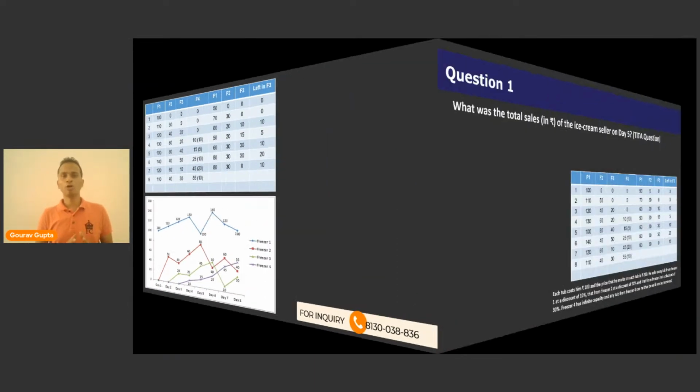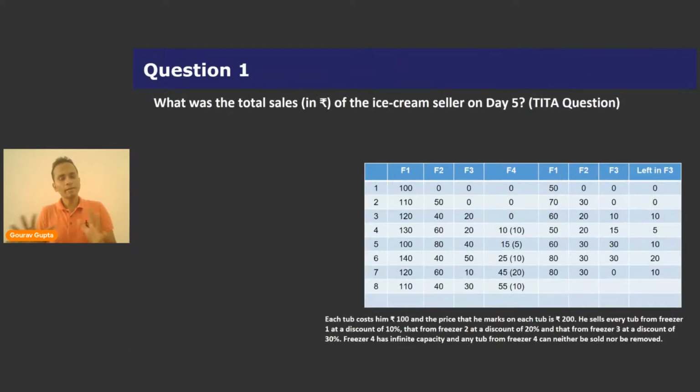So question number one is on your screen. The final table is given, and some extra data that might be required, which was given in the directions. I've also copied it at the bottom of the table.